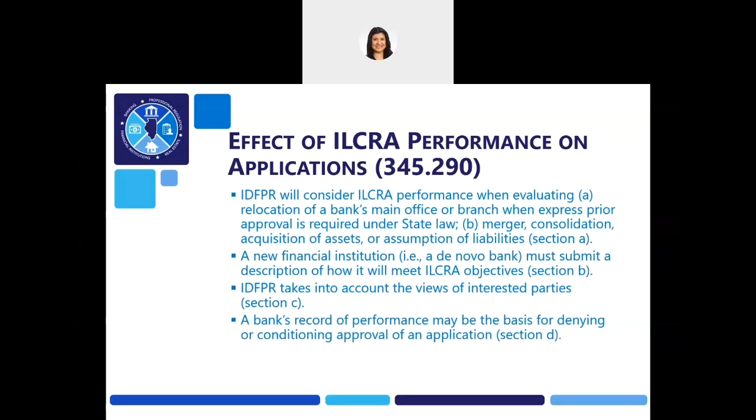A new financial institution, a de novo bank, must submit a description of how it will meet Illinois CRA objectives. We will take into account views of interested parties, and then a bank's record of performance may be the basis for denying or conditioning approval of an application.